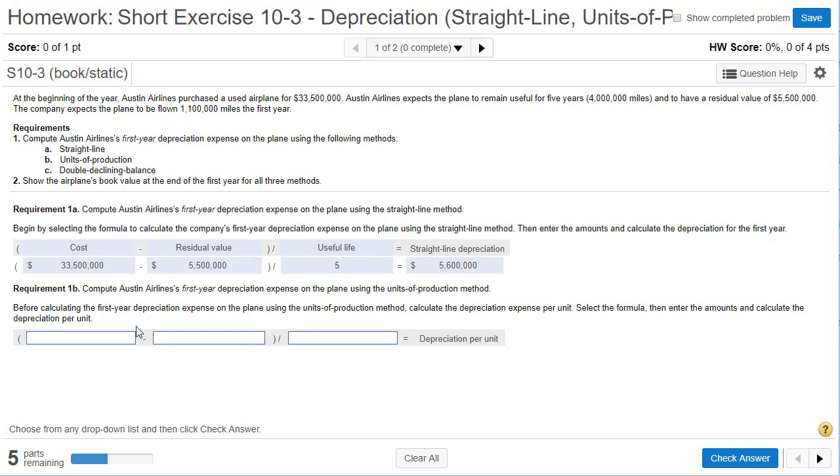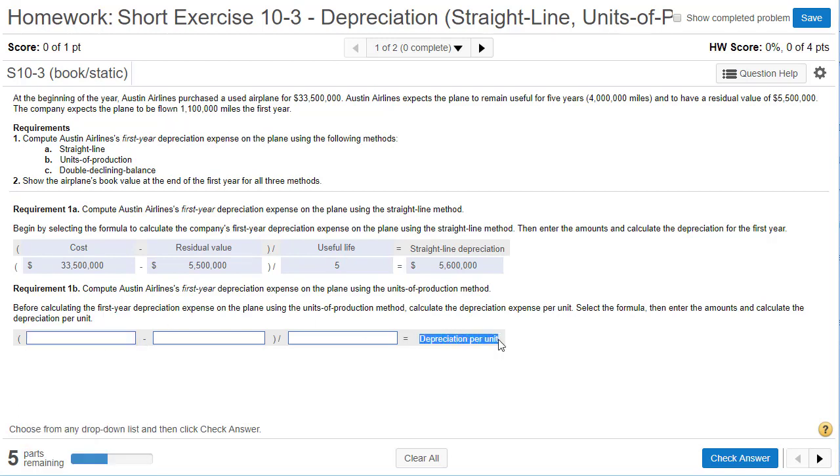Now we're going to do the same thing, except we're going to use units of production. Now, units of production, that method calculates depreciation on how much you used that asset. And the way we measure how much we use an airplane is how many miles it flew. So the formula in words for that is, first of all, we have to calculate the depreciation per unit.